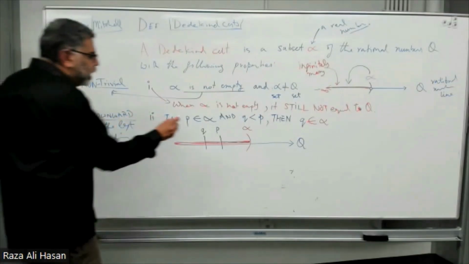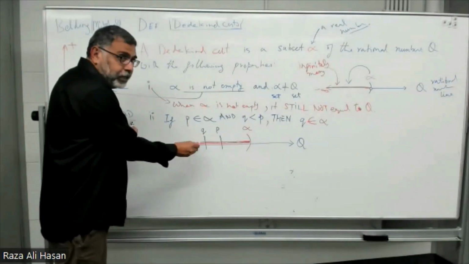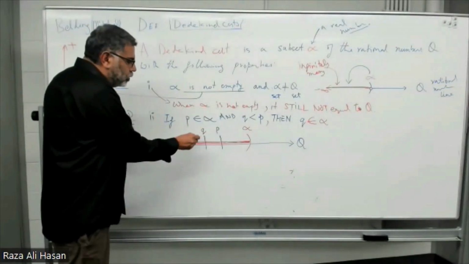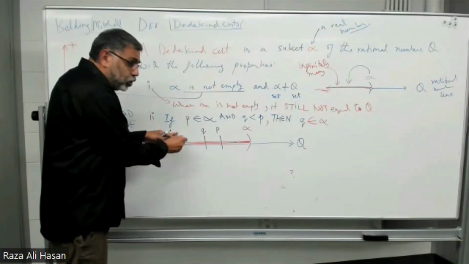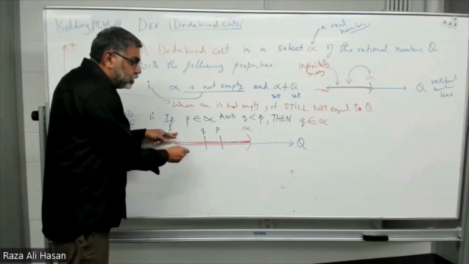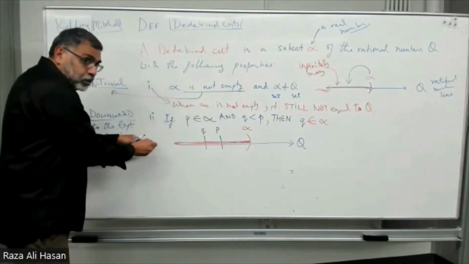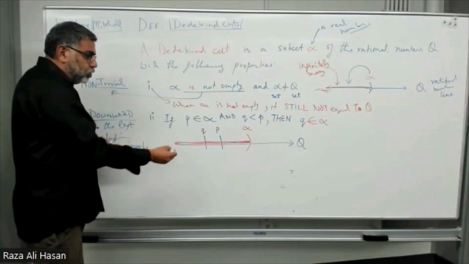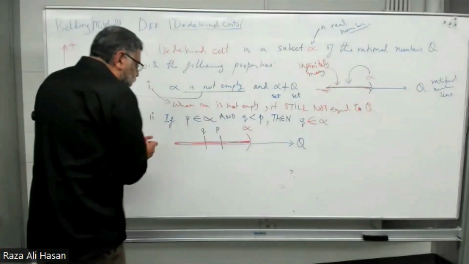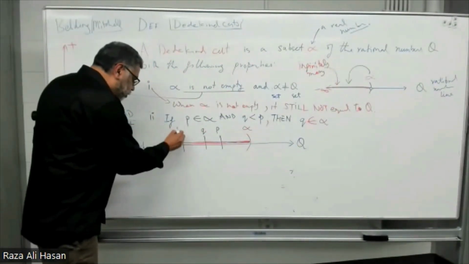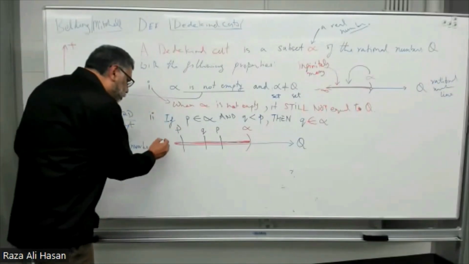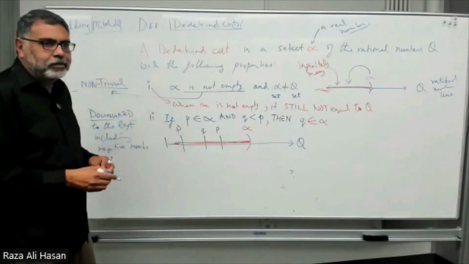So every time you pick a rational number in this subset, you find a smaller number that is still in this set. Every time you pick a P, there will be a Q to its left.